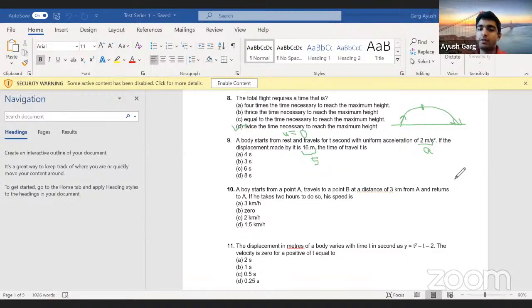The equation that has U, S, and A is V square minus U square equal to 2AS. But you have to find out time, T. So you can use S is equal to UT plus half AT square.